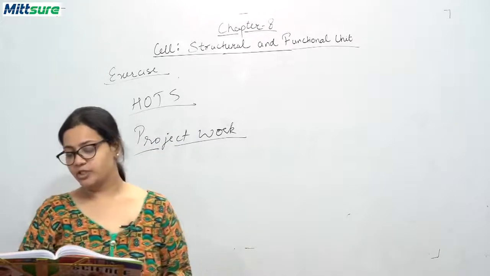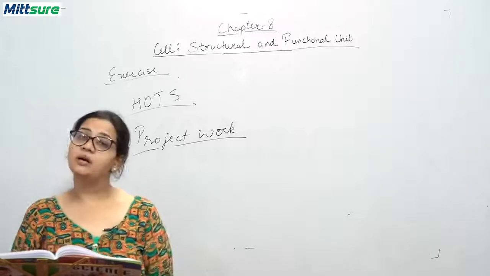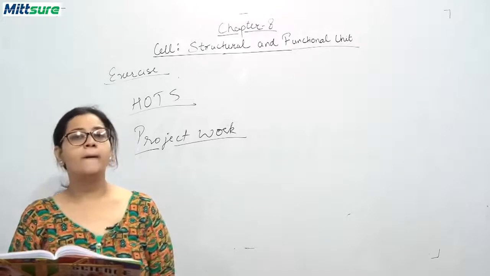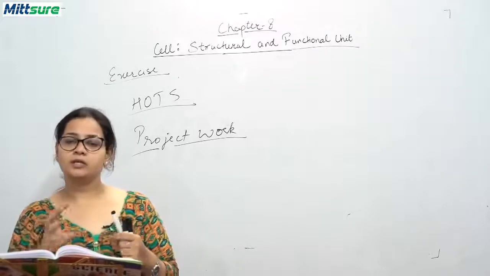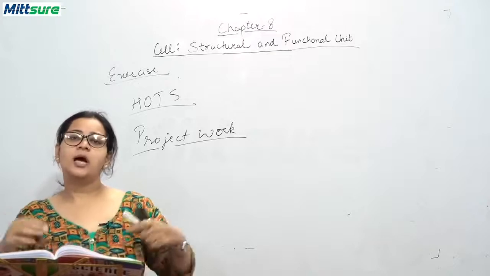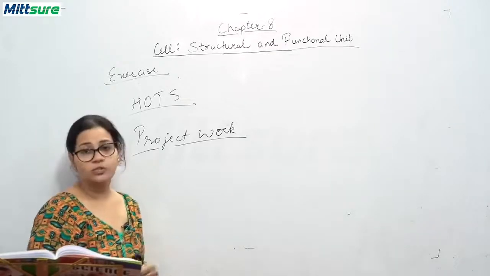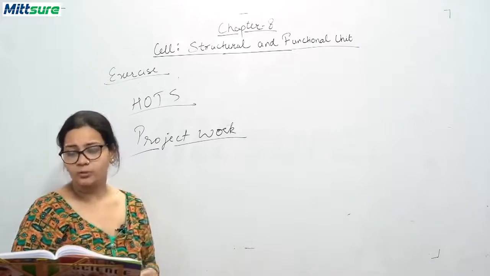The second project is make a model of the plant cell or animal cell using thermocol. Take thermocol, make different types of cell organelles from it and assemble them together to make a model. These are the 2 project works that are given in your books.